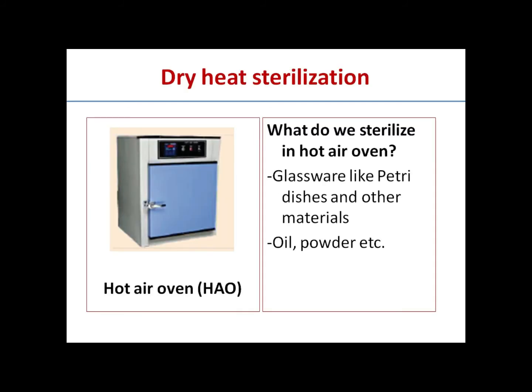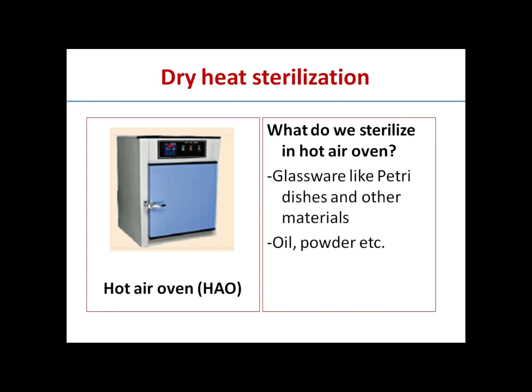Dry heat sterilization. This is done in equipment called a hot air oven. It is electrically powered and we sterilize glassware like Petri dishes and other materials, oil, powder, etc. All the glassware that we use in the plant pathology lab is sterilized in a hot air oven.